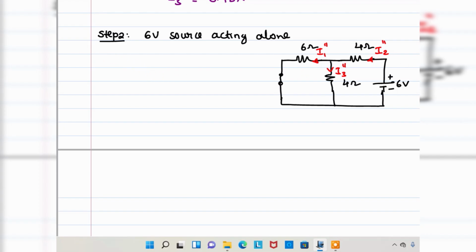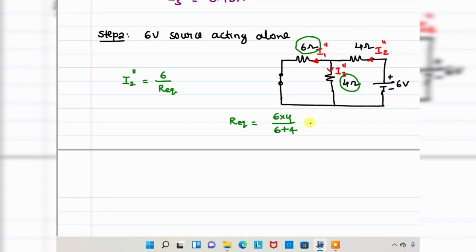Now I'm going to calculate I2 double dash first. How to calculate I2 double dash? First I'm going to calculate the total resistance, then 6 divided by R equivalent. How to calculate the R equivalent? See here, these two are connected in parallel. Whenever 6 and 4 are connected in parallel, you will get 2.4, that is 6 into 4 divided by 6 plus 4.